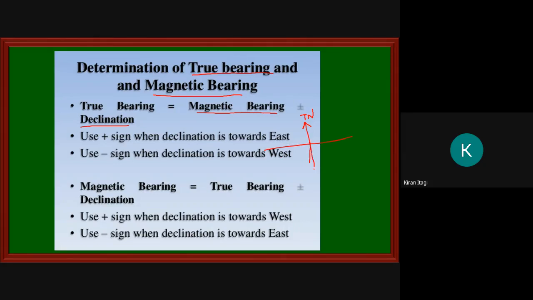So due to some declination, say it is bending towards the eastern side, we are taking the angle readings with respect to magnetic north. But we want the reading with respect to true north.